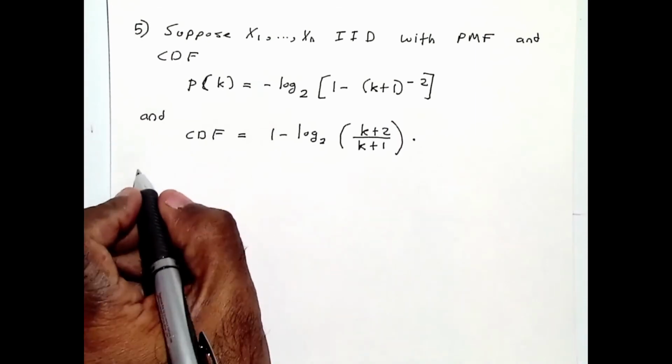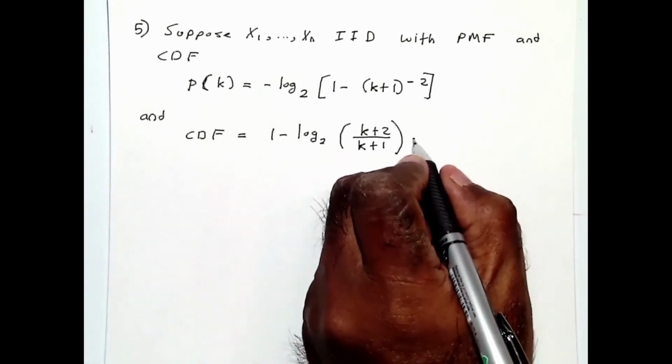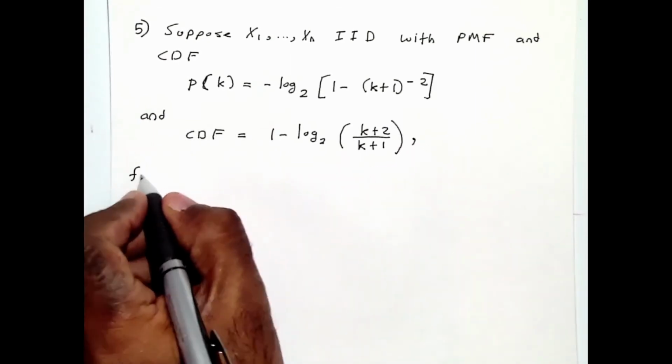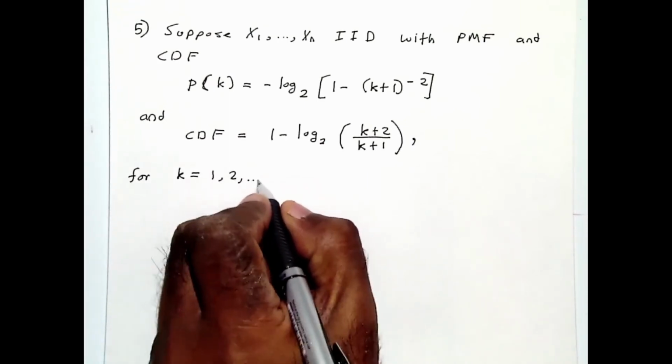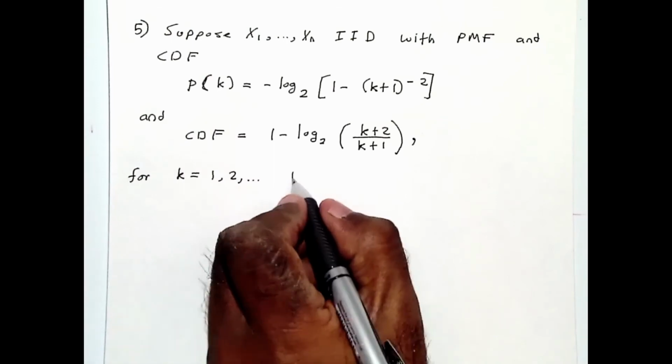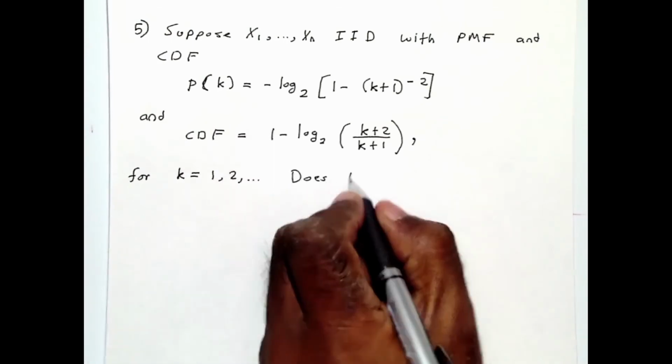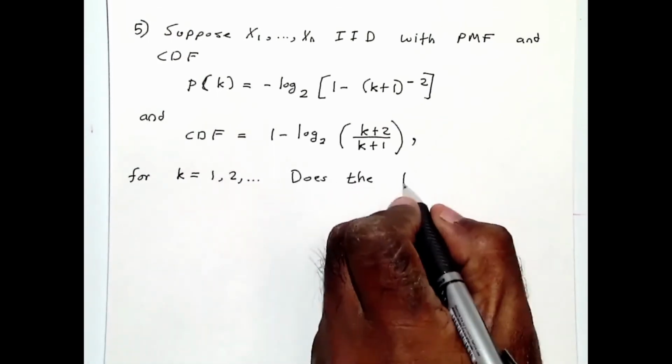The question is once again, the support of the distribution is k greater than or equal to 1, which means this. So the question is once again, does the ETT hold?